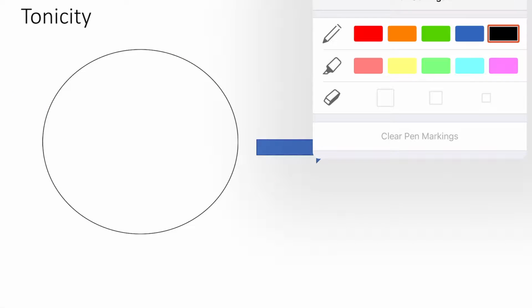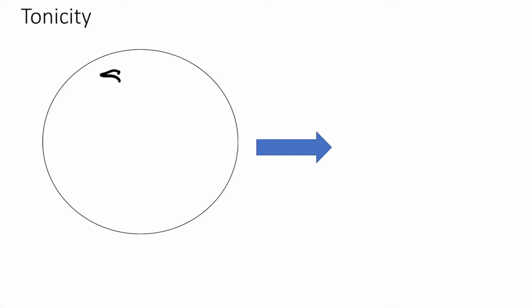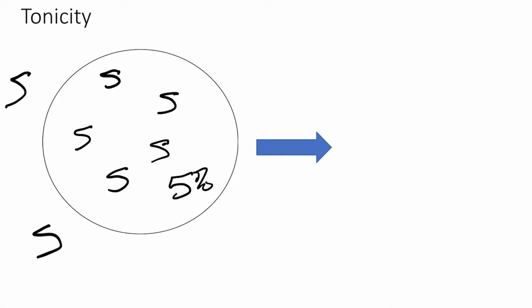So what if we go back to our cell, and our cell is going to have its 5% salt concentration, and we put it in some fresh water, say at a 3% salt concentration.